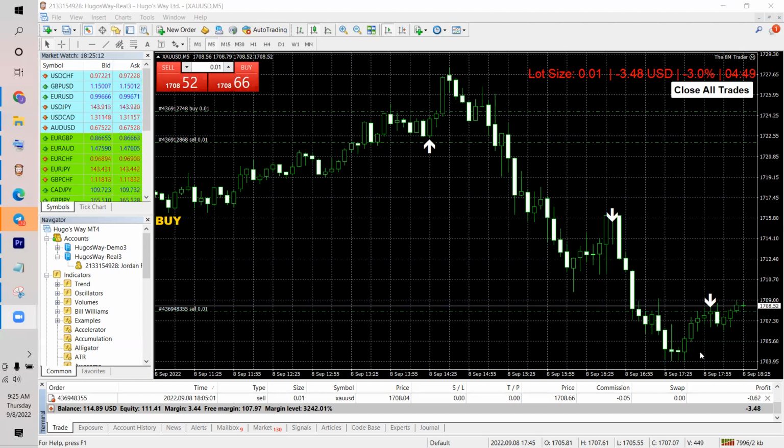Again, many opportunities. So going back to this hedging rule right here, that's why it's very, very important to make sure you know what your equity is, because the equity is really going to be the key. Balance is important, but equity is super important when it comes to this method.